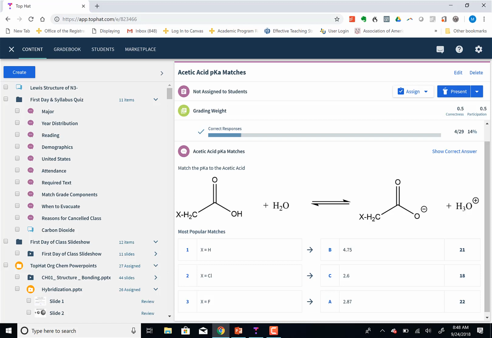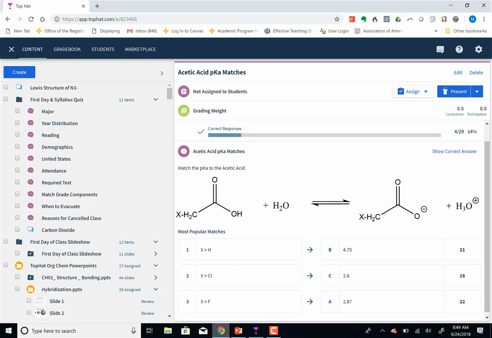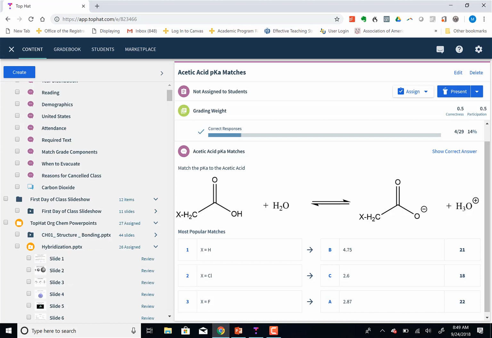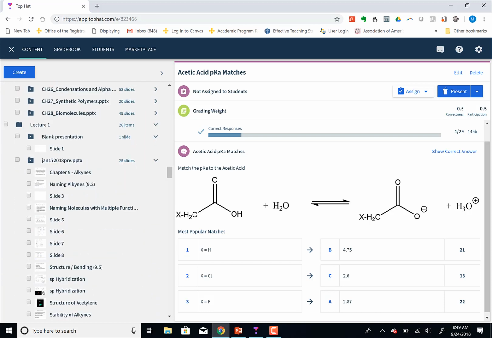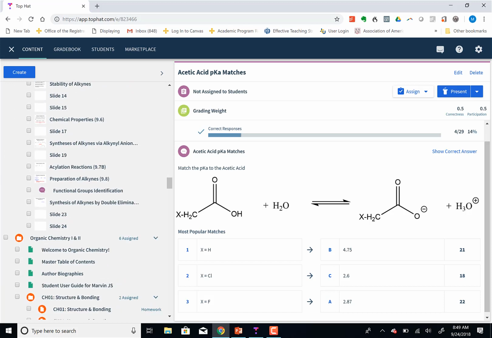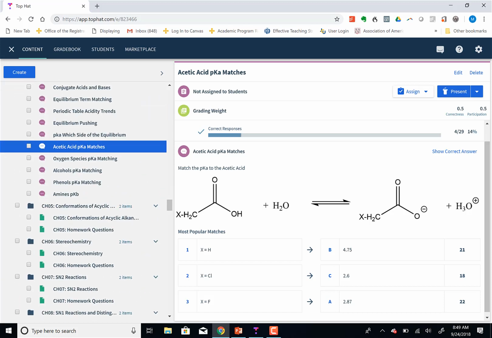So then, that principle is going to be the same, let's say, for these alcohols.